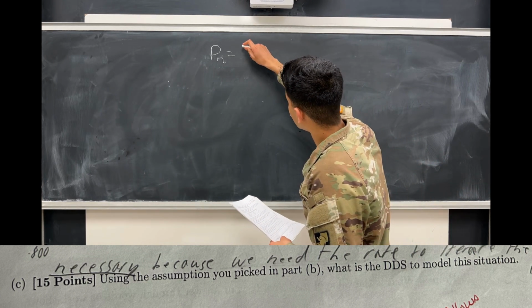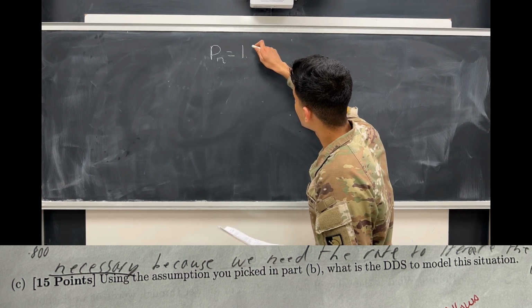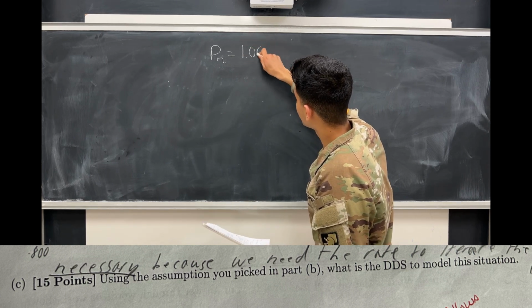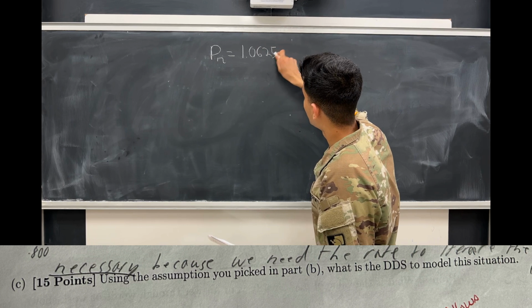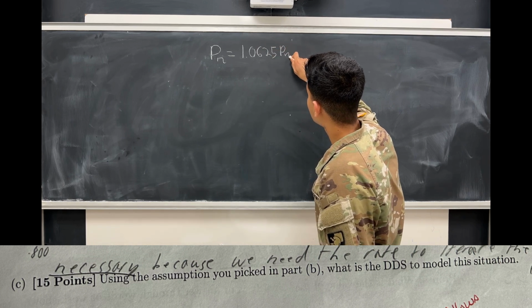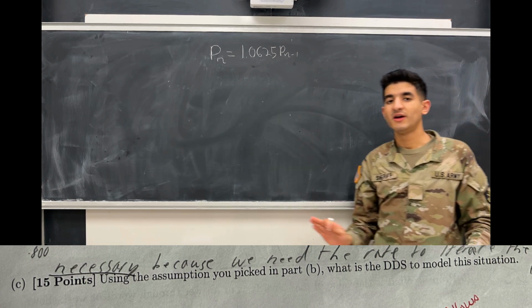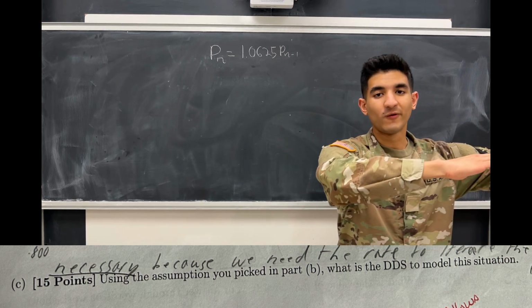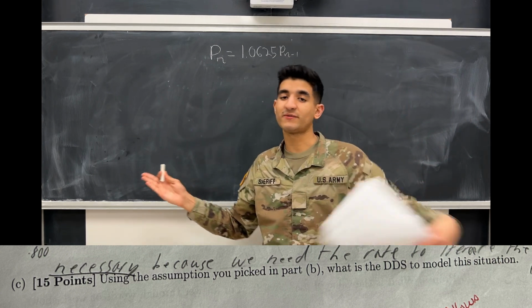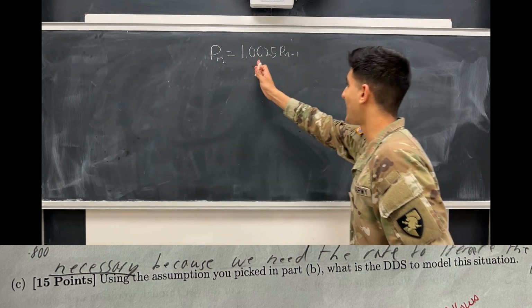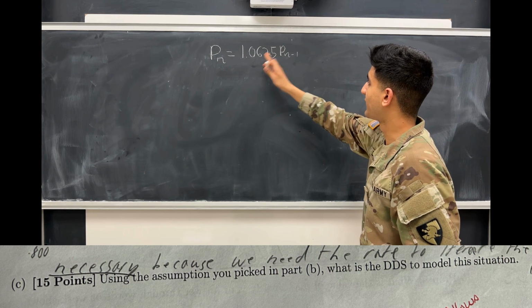So we know we're growing by 1.0625. So that's what I'm going to put multiplied by our previous value, because remember, if we have a certain amount the day before and we're going up by 6.25%, we're going to multiply that by 1.0625.